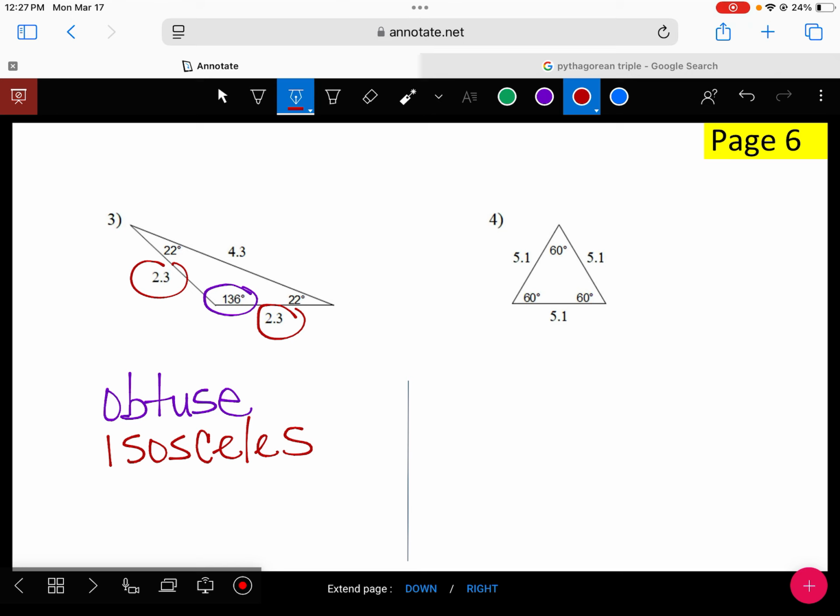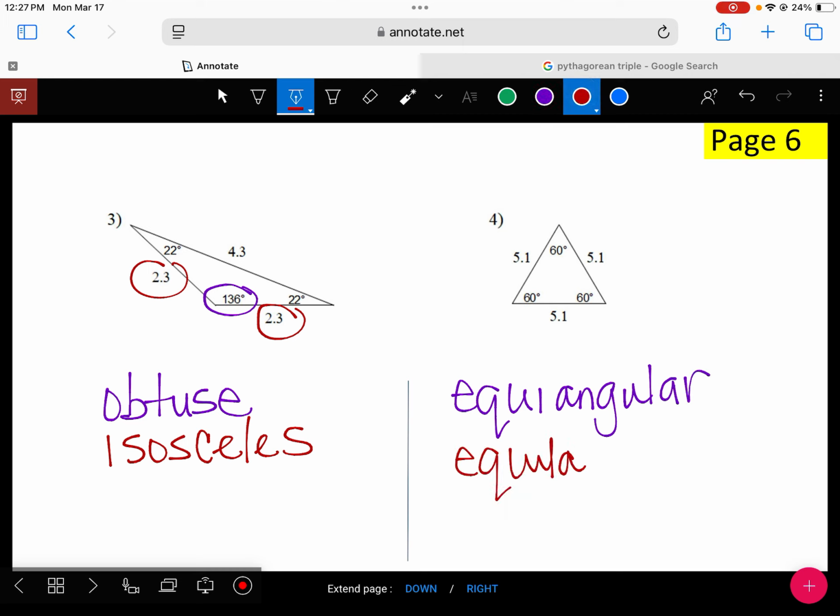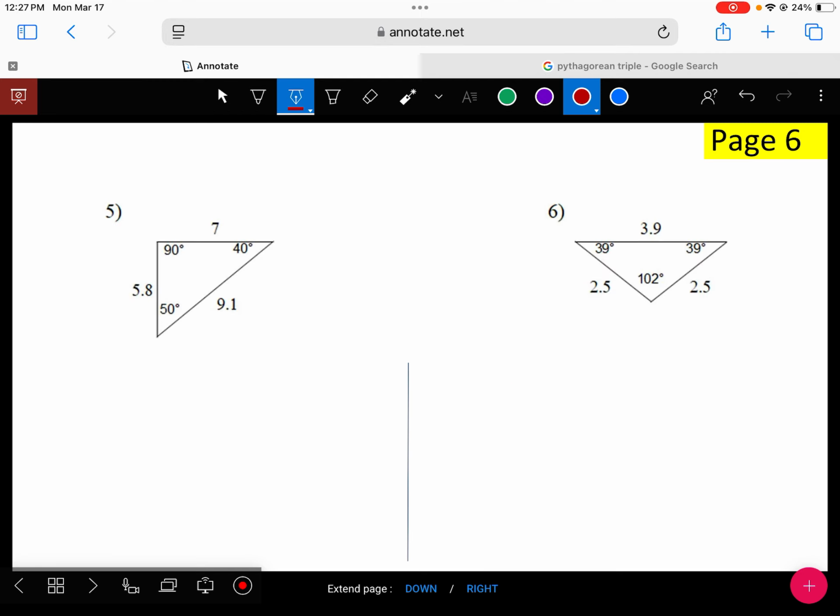For number 4, all your sides are the same and all your angles are the same. So this would be equiangular. And it's also equilateral. Every triangle that has all the angle measures the same will also have all side lengths be the same. For question number 5, we have one angle that's 90 degrees, which means it's a right triangle.